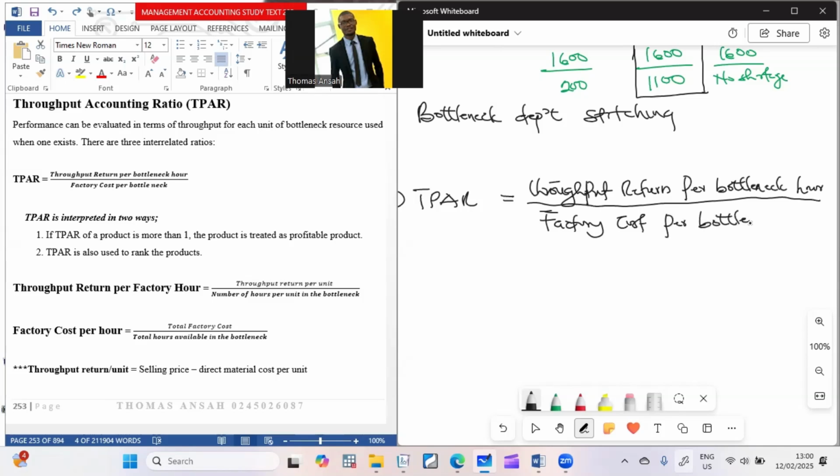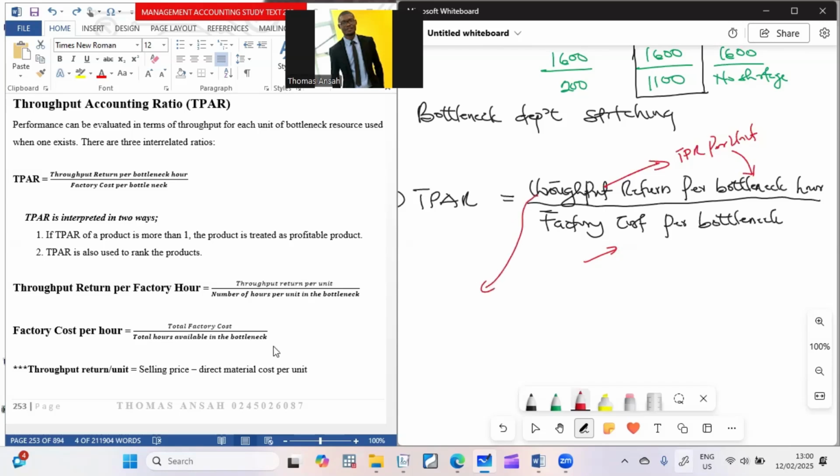And I told you in the first video that this one will mean the throughput return per unit per bottleneck hour. Then the same thing too, you are going to do for this one. You are going to find the factory cost per unit per hour. All right, so that is that. And I gave you the breakdown for this.